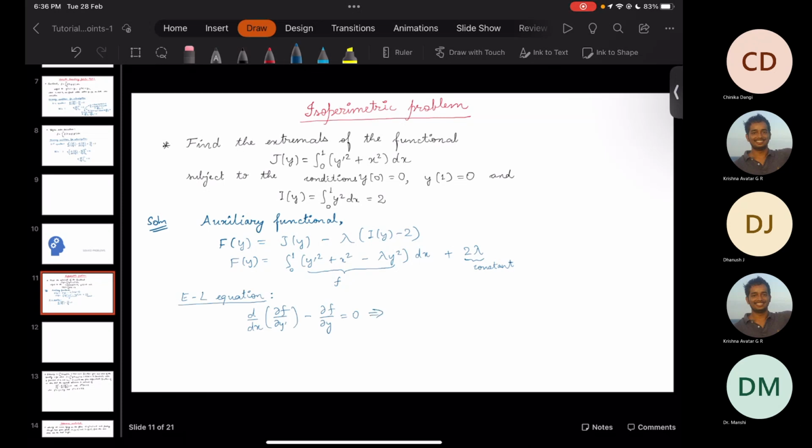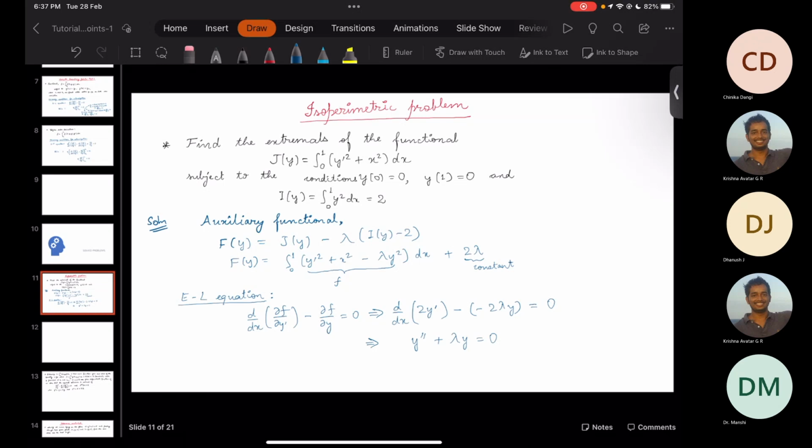This implies that d by dx of dou f by dou y prime, which is nothing but 2y prime, minus dou f by dou y, which is nothing but minus 2 lambda y, evaluates to 0. We can factor out 2 throughout, and this gives us the differential equation y double prime plus lambda y is equal to 0.